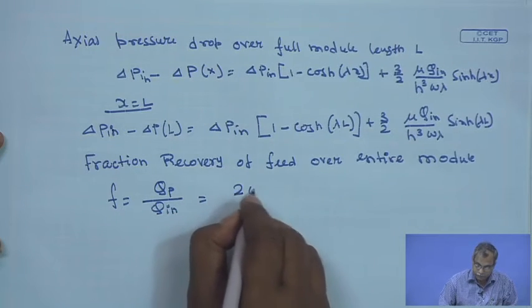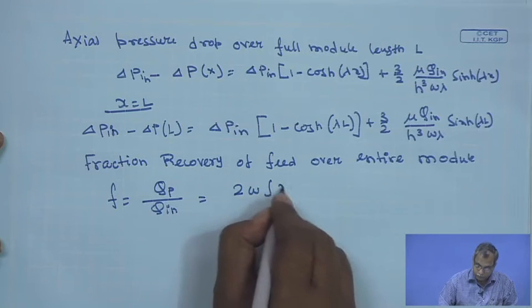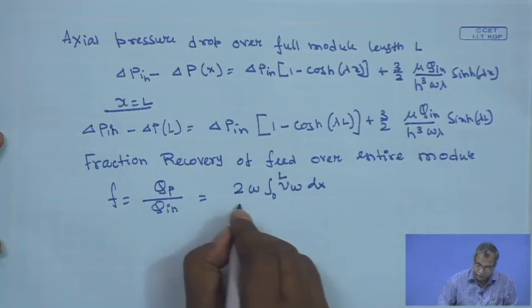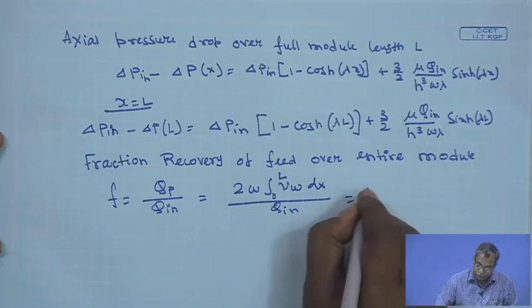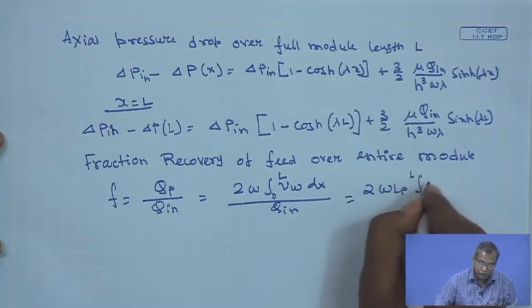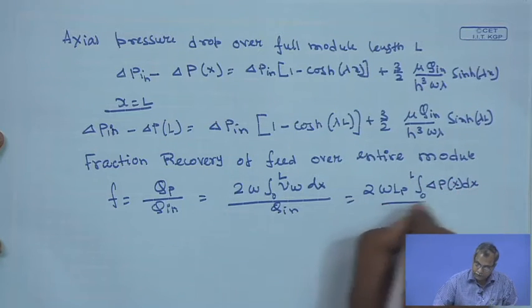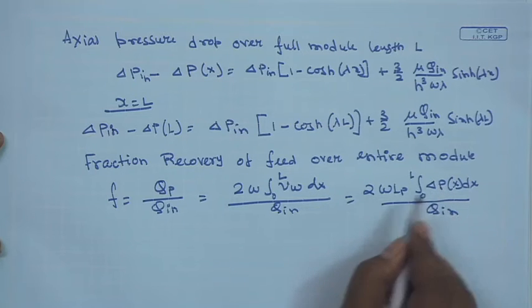So, this will be nothing but the integral of 2 W V w dx over the entire length L divided by Q in. So, this will be nothing but 2 W L p times the integral from 0 to L of delta p x dx, divided by Q in, and we know the profile of delta p x.